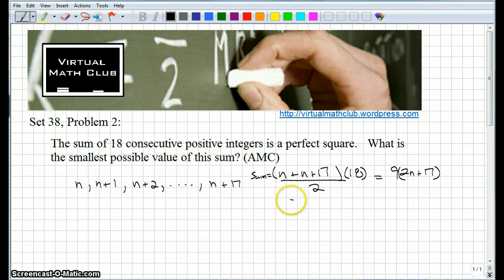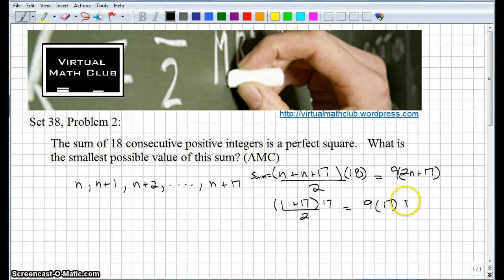But again, you can just do the first number plus the last number times the number of numbers. In this case the first is 0, so this is going to be 17 all over 2, which again just gives us 18 divided by 2, 9 times 17.